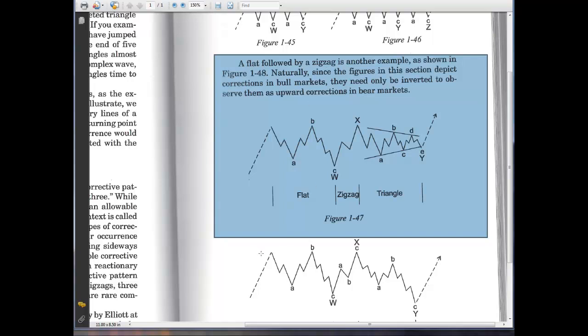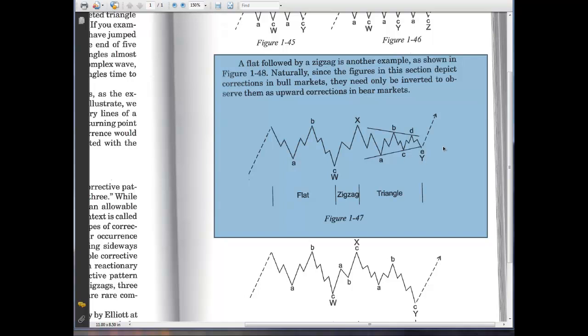Alright, so this is the other chart that I'm looking at, and I'm looking at an actual textbook, and as you can see, it's almost exactly the same as what we see that has happened for the gold channel, or the gold consolidation, where you see an ABC down, and then you have the W, and then you have a move up, you have the X, and then you have a consolidation.